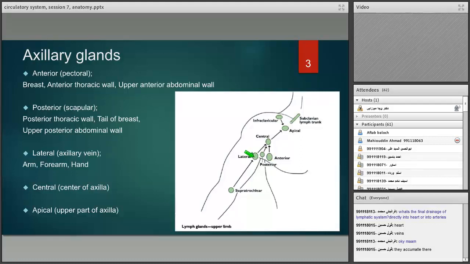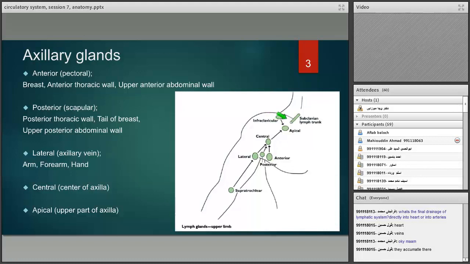The last group of the axillary glands is the apical. The apical group is placed in the upper part of the axilla and receiving the lymph of the central group, and also draining its lymph into the infraclavicular group.